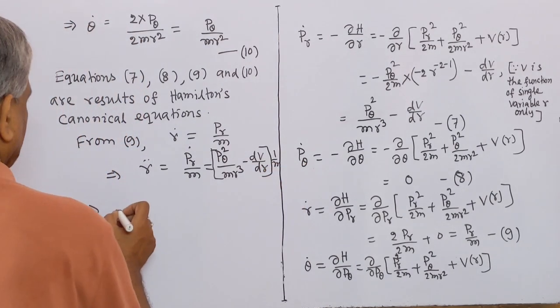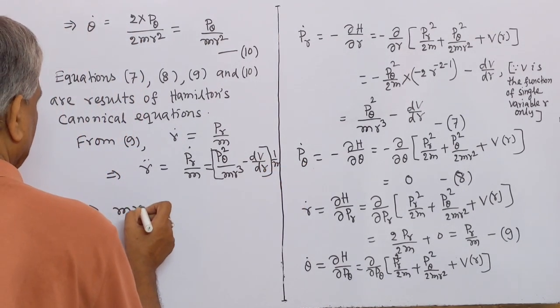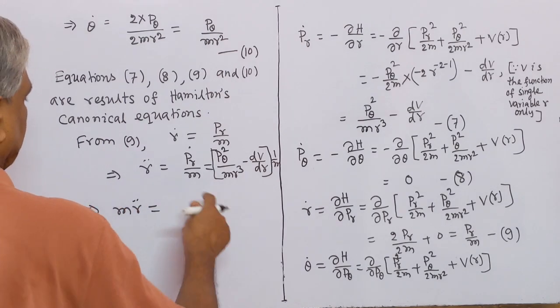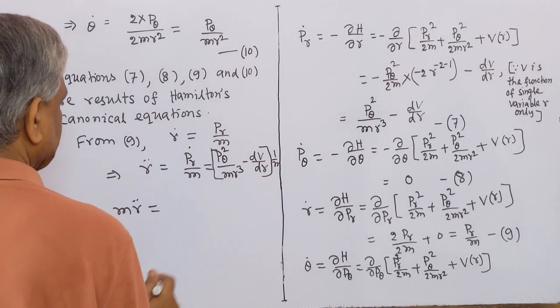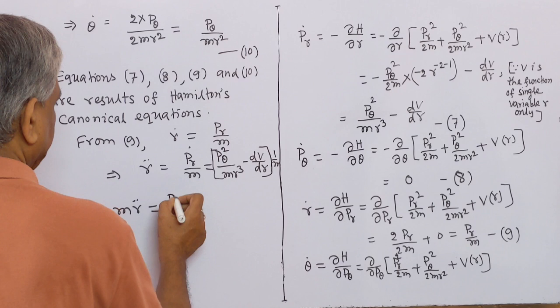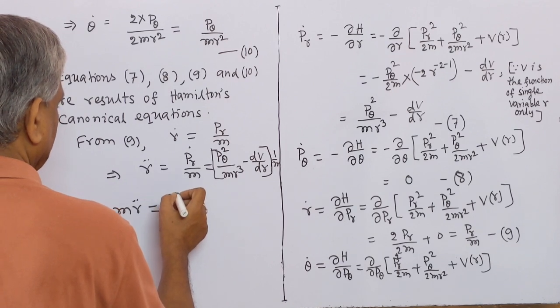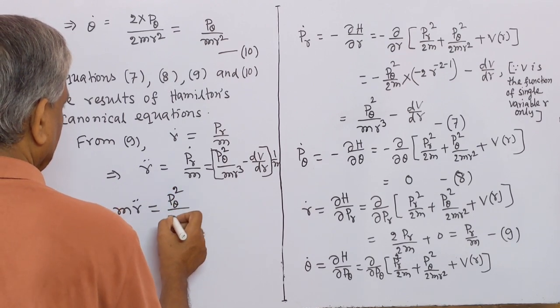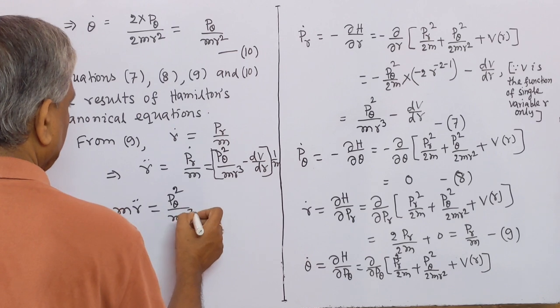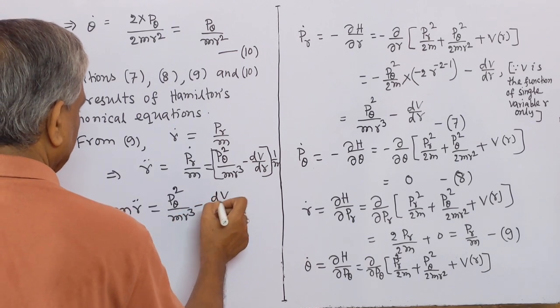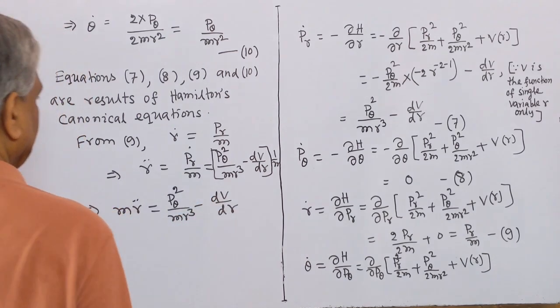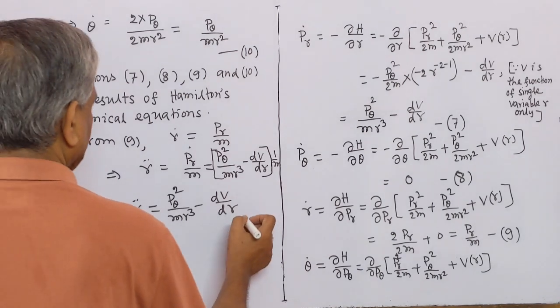We take m r double dot, so this m cancels: P theta square by m r cube minus dV by dr. Let this be number 11.